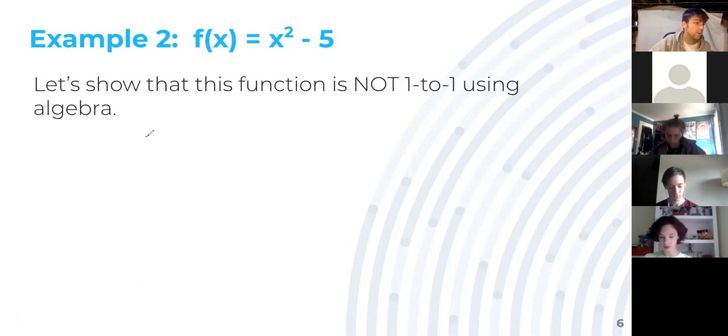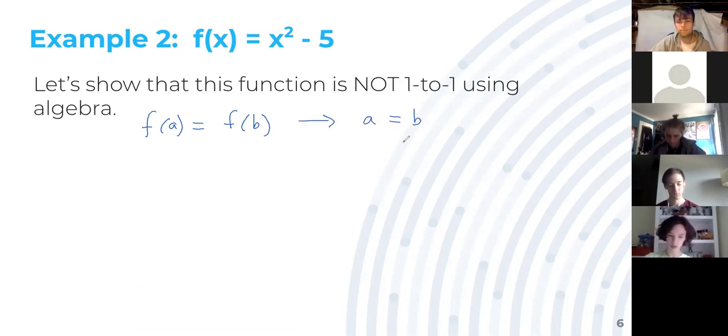I'm going to start with f of a equals f of b, and I'm going to try to show that that means that a has to be equal to b. So f of a is just taking a, plugging it in for x. So that becomes a squared minus 5 equals f of b. Same idea, plug in b squared minus 5.